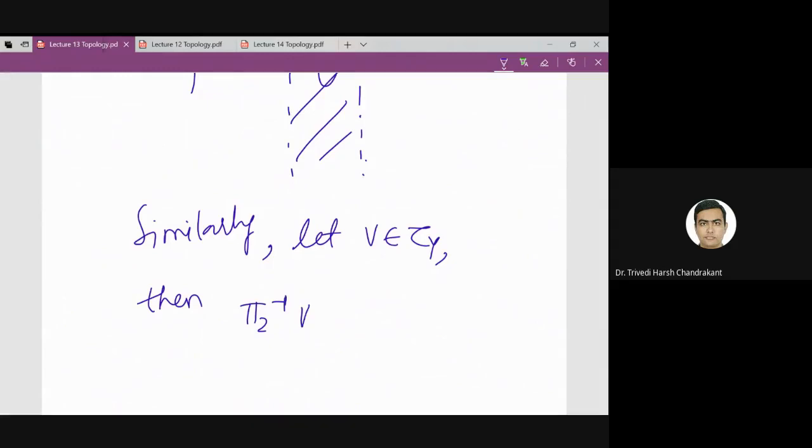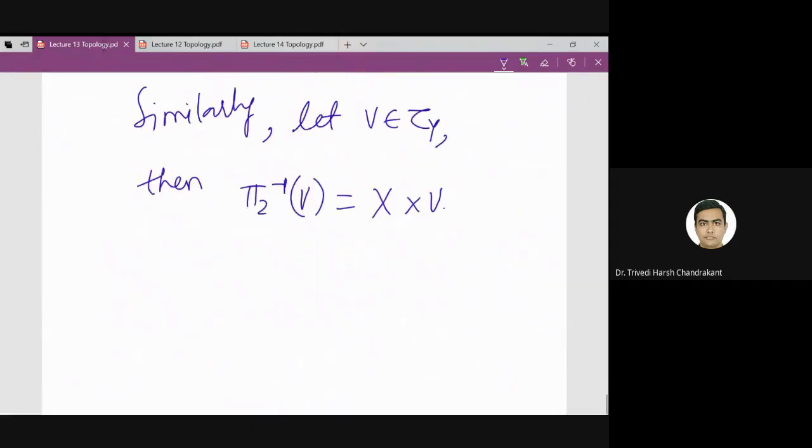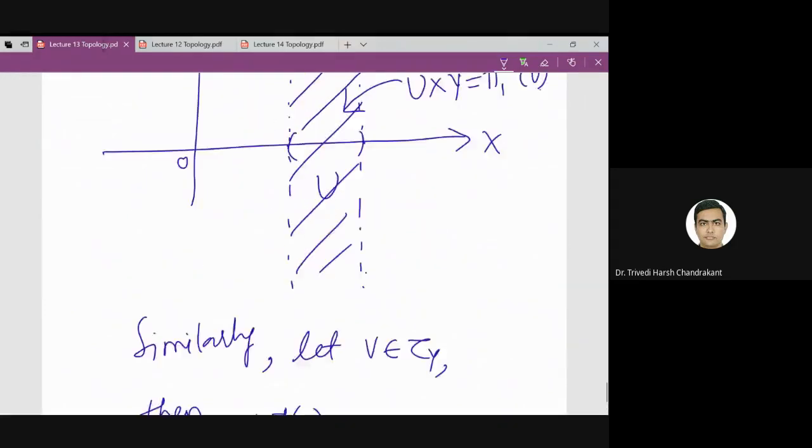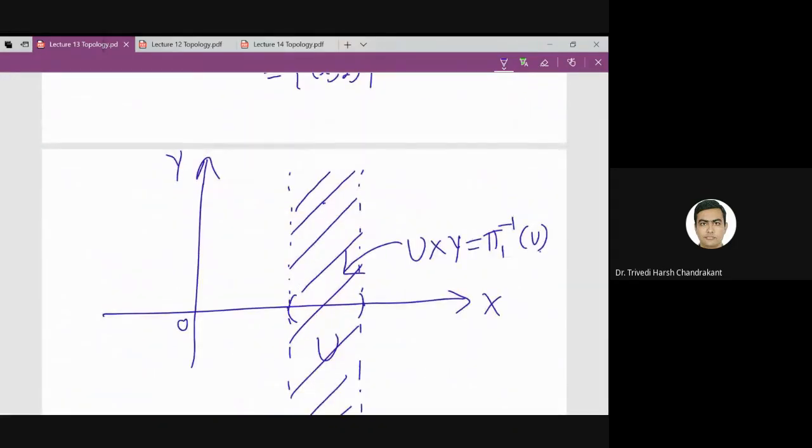That will be, similarly, I can write it is x cross v. So you can verify these. So in the same figure, we can also discuss this. So if I take here v, then what will be the points which I can project on V along y-axis?